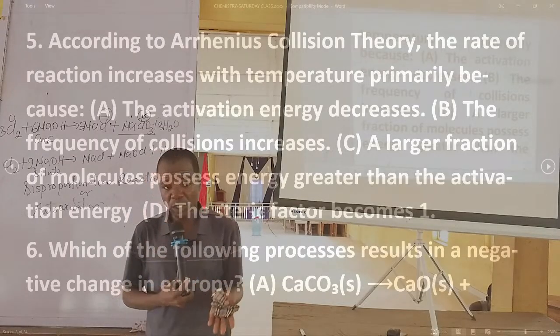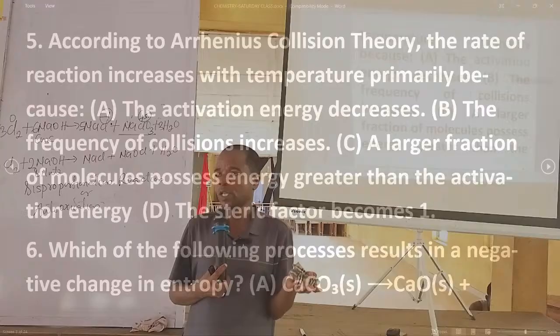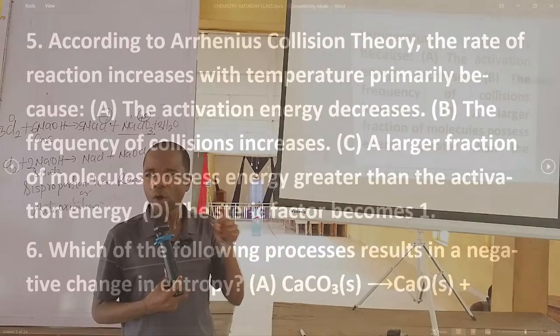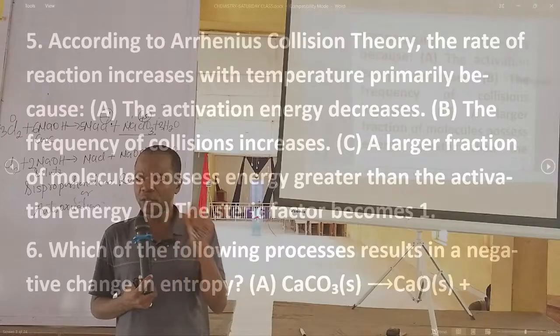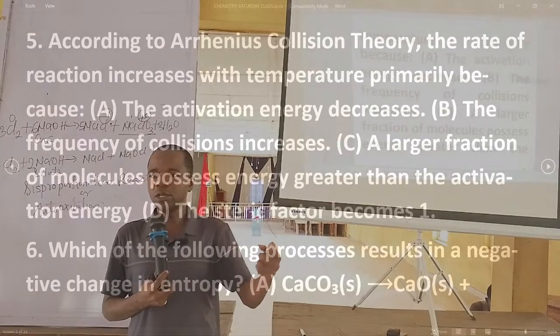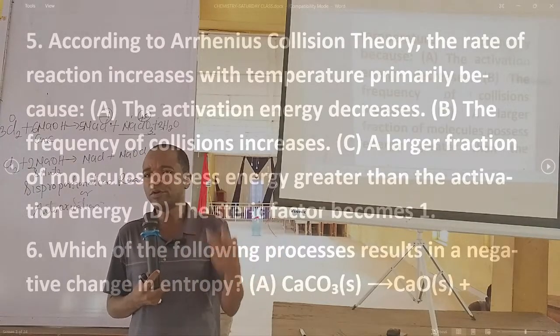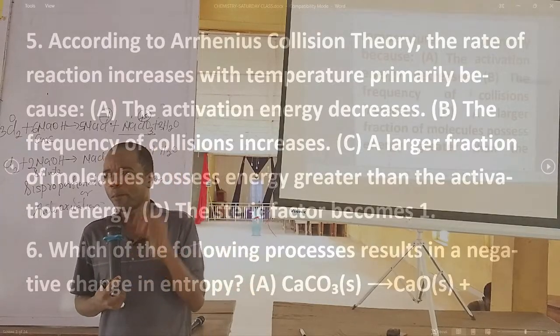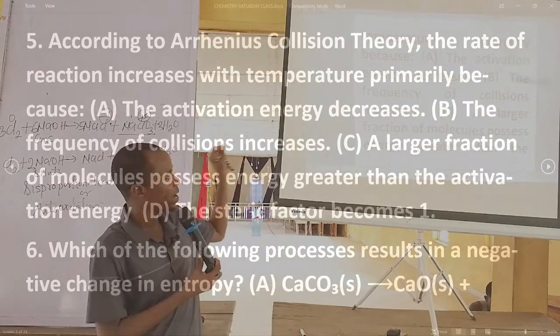We know that whenever we increase the temperature of a particular reaction, the rate of the reaction increases. But the question is why? What does increased temperature do? Primarily, meaning mainly, to increase the rate of a reaction. Now, it does two things, but that is why the question says primarily.